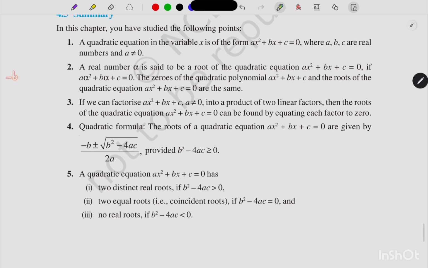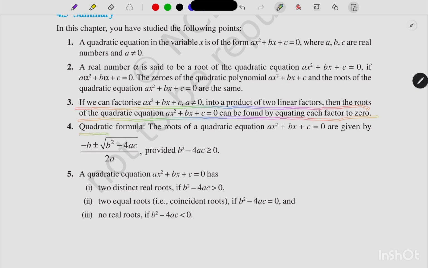So minus b by a is still the sum of the roots, and c by a is still the product of the roots. If we can factorize ax square plus bx plus c, a not equal to 0, a, b and c are real numbers, into products of two linear factors, then the roots of the quadratic equation ax square plus bx plus c is equal to 0 can be formed by equating each factor to 0.